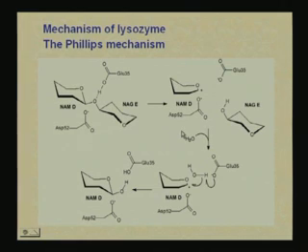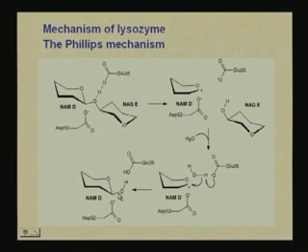Then we have a water molecule come in. What happens to the water molecule? The hydrogen is abstracted by the glutamic acid 35, which is now COO minus, into becoming COOH once more, and the OH minus attacks this oxonium ion. So, we have now the NAG has already come off with an OH, the NAM also comes off with an OH.